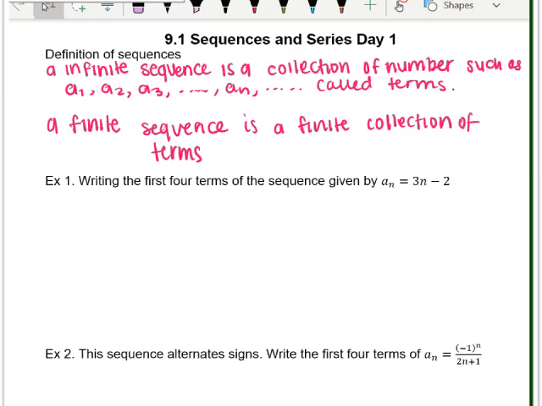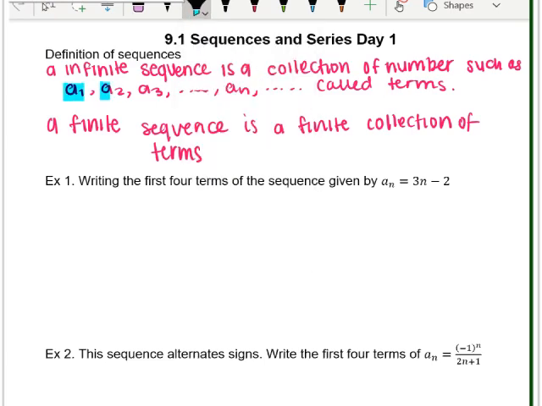Alright, so this is 9.1 sequences in series, day 1. So we're going to start by defining a sequence. An infinite sequence is a collection of numbers such as A1, A2, A3, AN, called terms. So these are called terms.